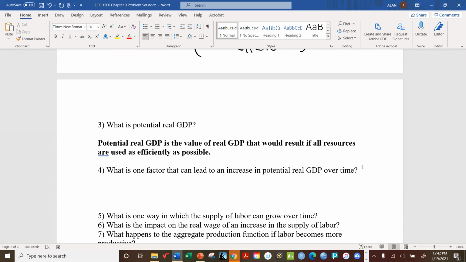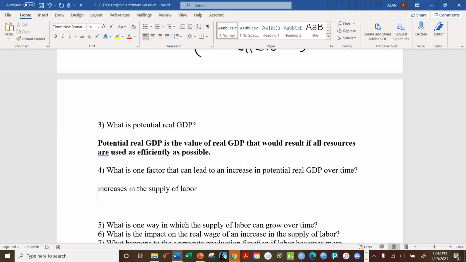Now, number 4, what could possibly lead to an increase in potential real GDP over time? In other words, potential real GDP grows over time, and so our potential standard of living is growing over time. There are really 2 main reasons why this can happen. It only asks for one, but I'll list them both anyway. We could have more labor, or simply more people working, so more output can be produced.